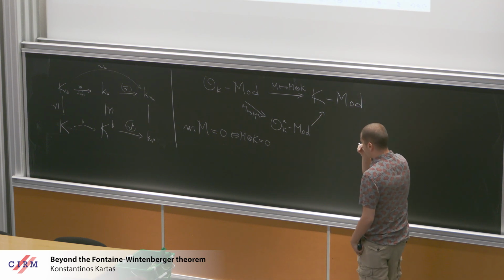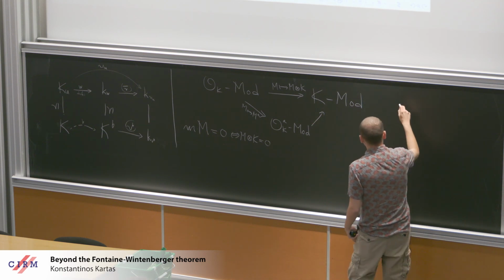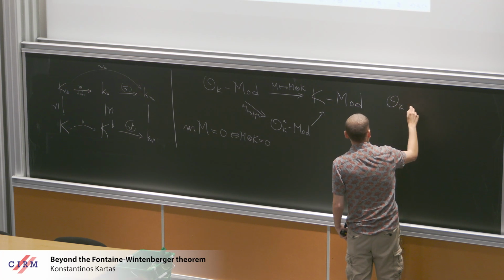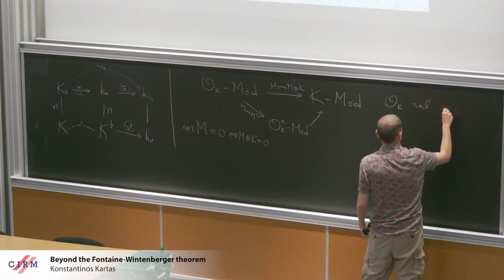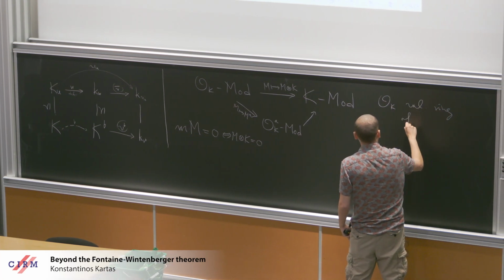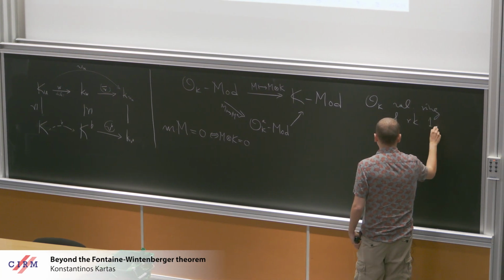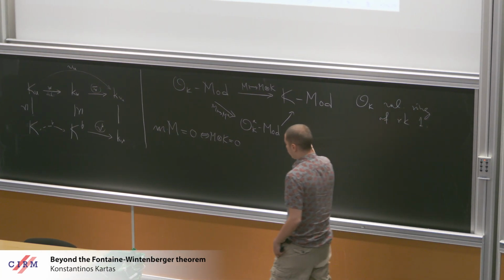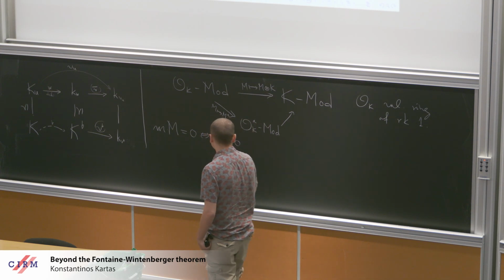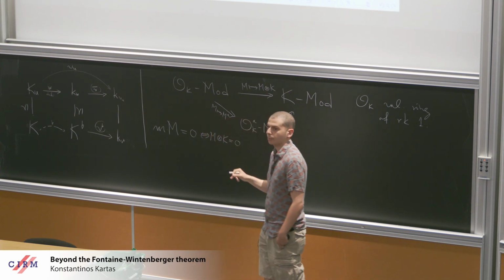But actually this is a very strange picture, because OK is a valuation ring of rank 1. So in fact, there is no actual notion of a slightly generic fiber.